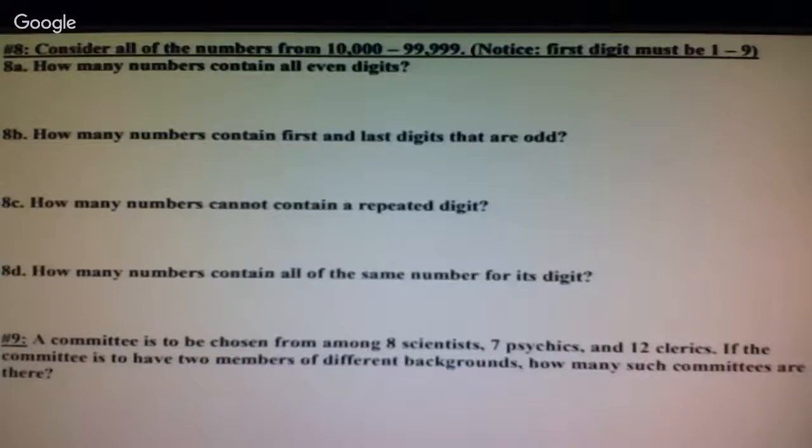So now, I want numbers that go from 10,000 to 99,999. So how many spaces do I have to fill with a number if I'm between 10,000 and 99,999? Okay, hold on, back up.